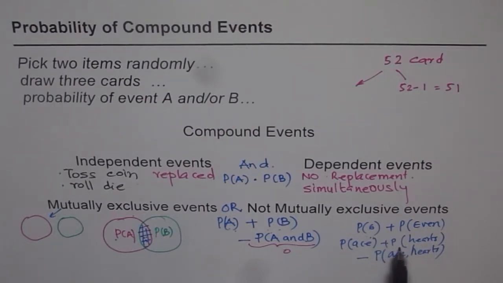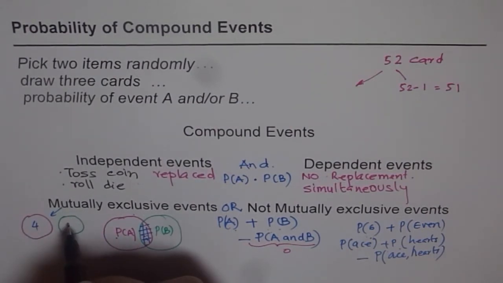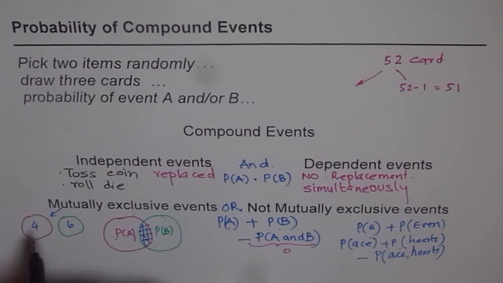Since these two events are not mutually exclusive, they have something in common. But on the other hand, if we say probability of rolling a die and getting a number 4 or a number 6, now there's nothing common in between, right? So these are mutually exclusive events where there's nothing in common.